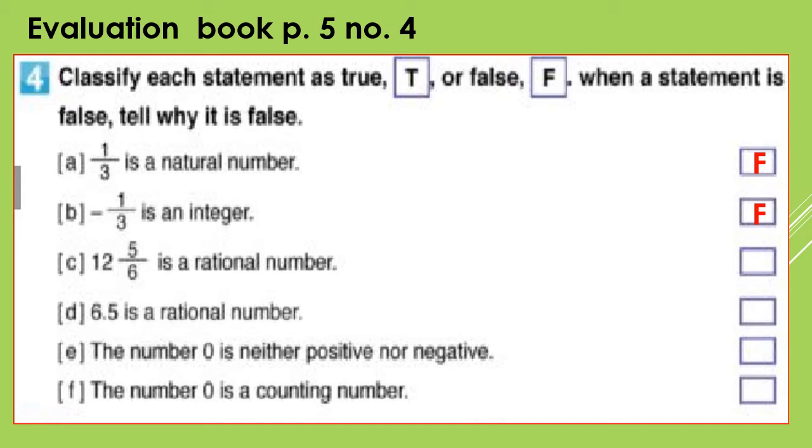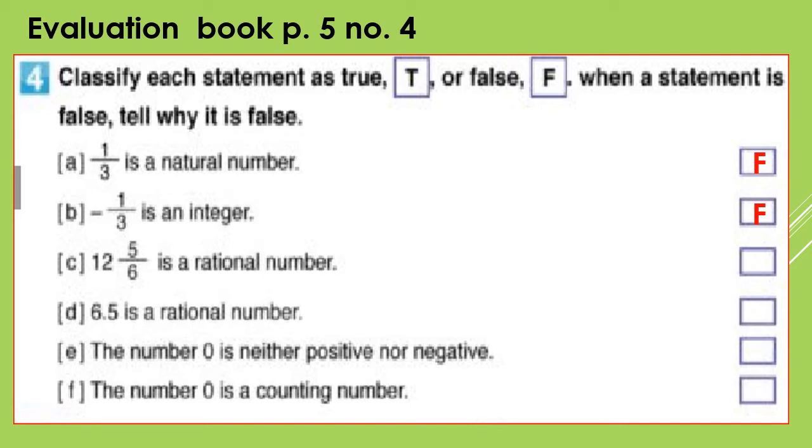Letter C, 12 and 5 over 6 is a rational number. Any rational number can be written as a over b. 12 times 6 equals 72, 72 plus 5 equals 77. I can write this number in the form 77 over 6.